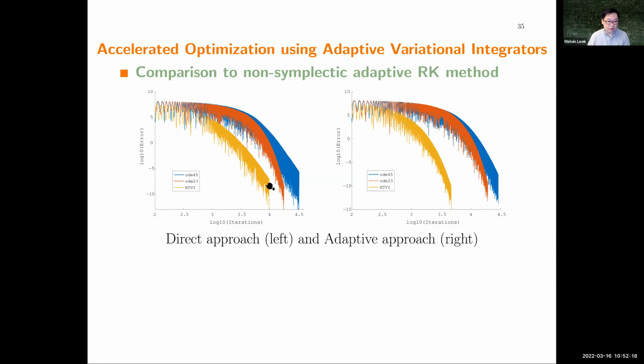But with the variational discretization, which doesn't do time step control, knowing the right scaling gives you a much faster rate of convergence, which is perhaps what you would expect.